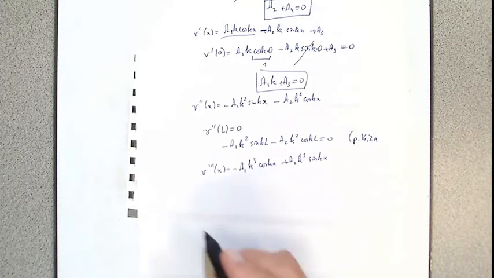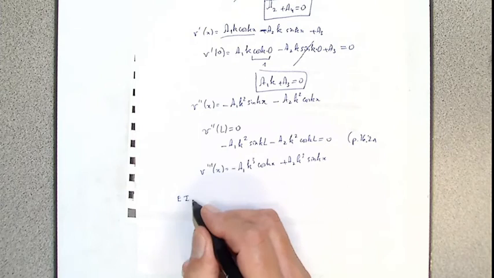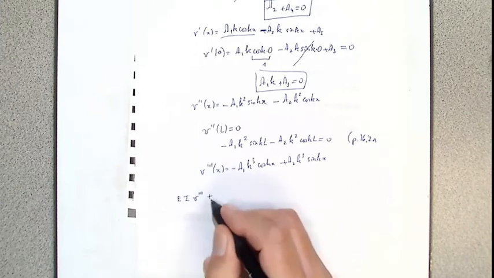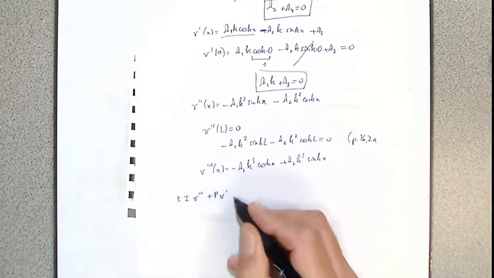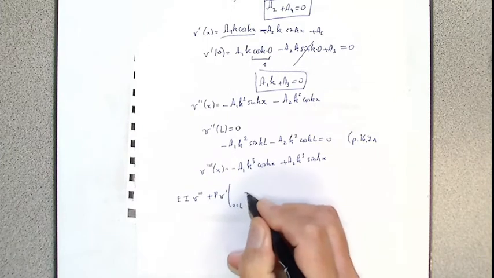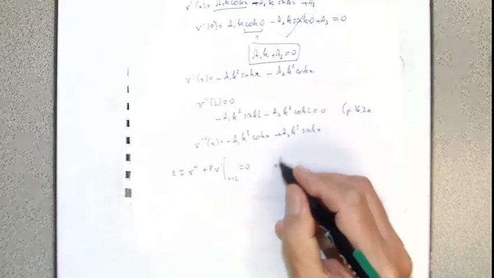So then we have EI, V third derivative plus PV first derivative at x equals L equals 0. That is effective shear force.